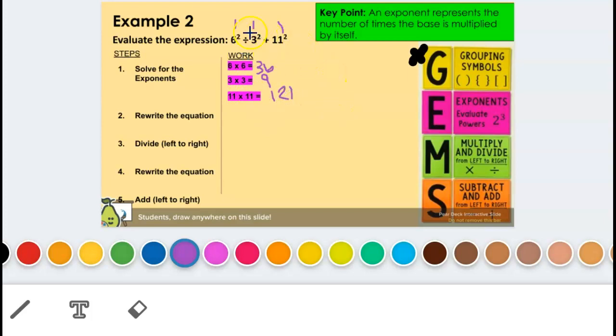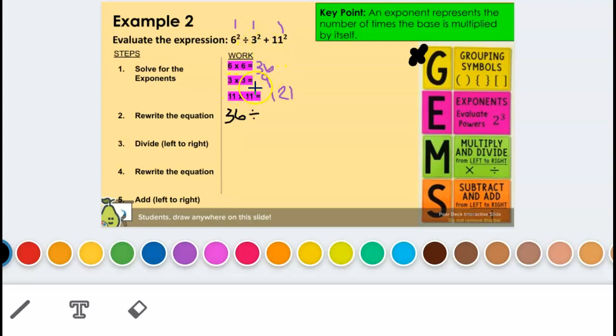So now that we have these all figured out, we need to look at how we rewrite this expression. So 6 squared, we know, is 36 because we did that math. And divided by 3 squared.